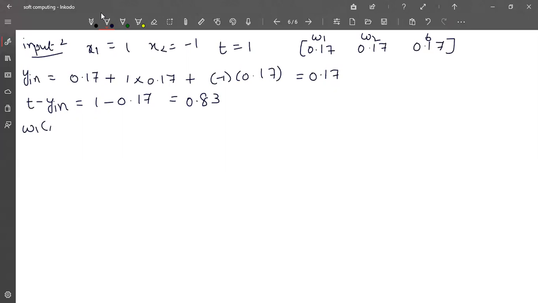So new W1 is old W1 0.17 plus x1 1 into t minus Yin 0.83 into alpha 0.1. So for this we will be getting 0.253, I guess. Let me calculate. 0.17 plus 0.083 is 0.253.